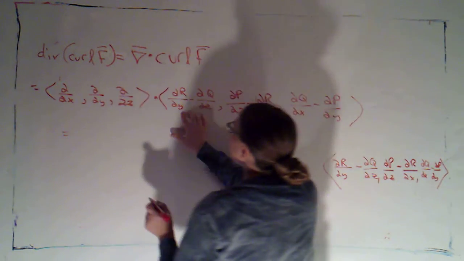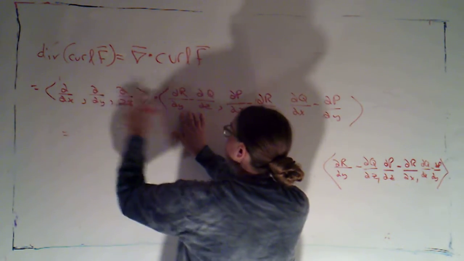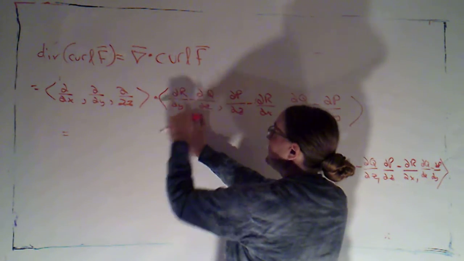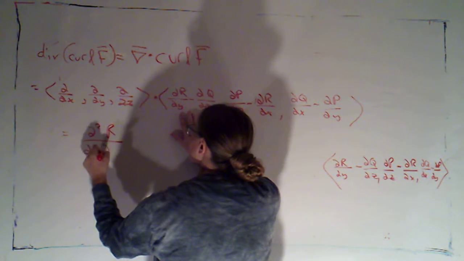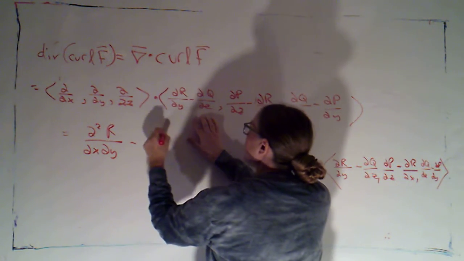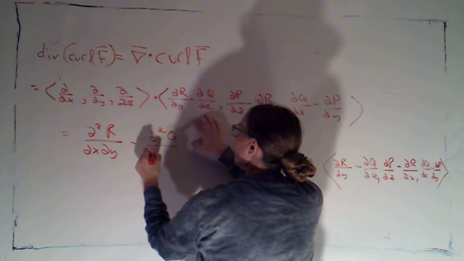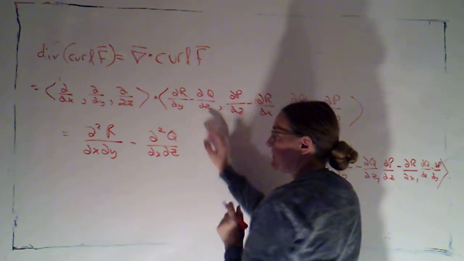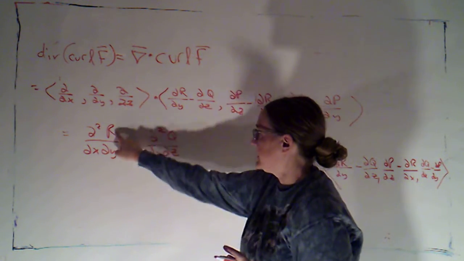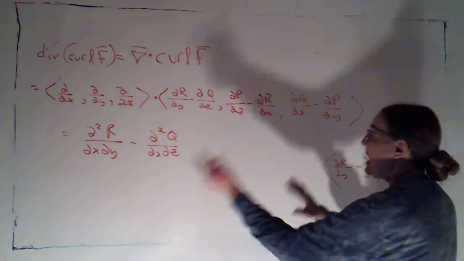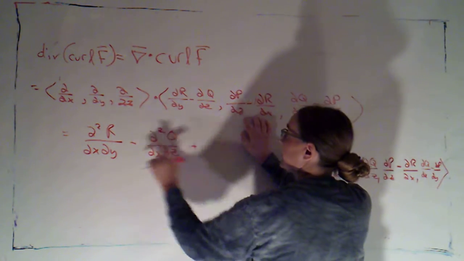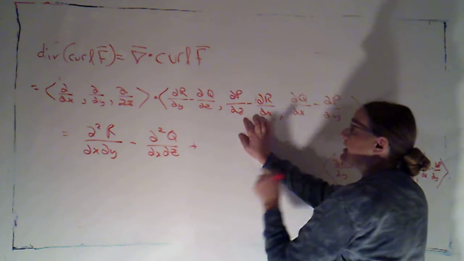Here I'm taking the partial with respect to x of these two things. So I'm going to get the partial squared r partial x partial y minus partial squared q partial x partial z. Now certainly nothing cancels there because they're different functions and different combinations of variables. But I'm going to add to that, I'm going to take the partial with respect to y of these two.